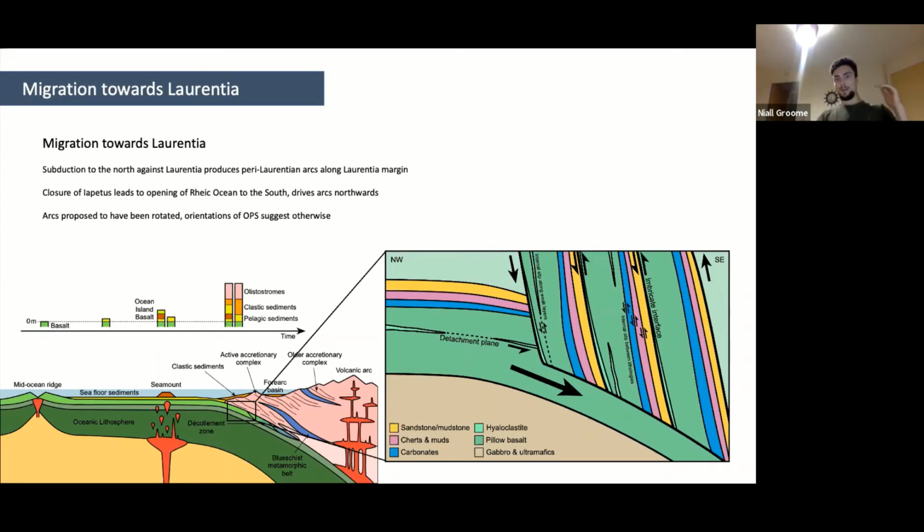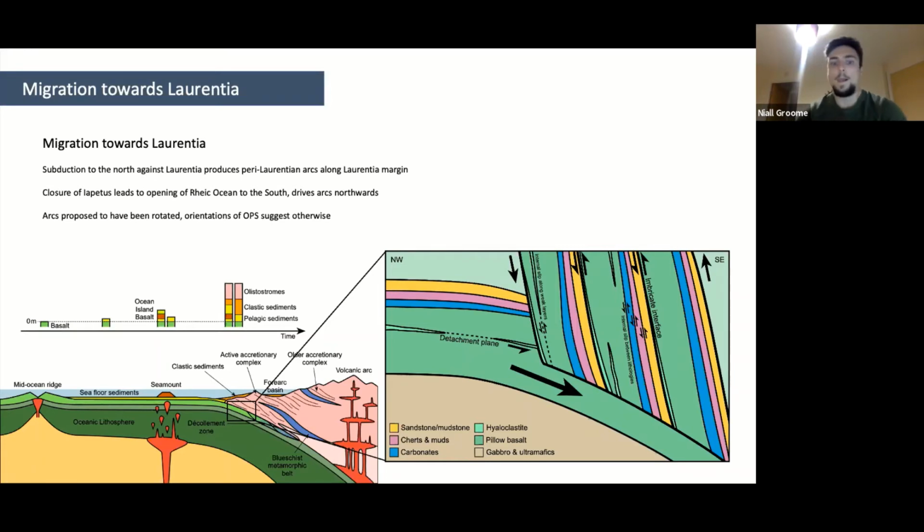And the fact that we have our imbricated sequences pointing towards Avalonia, as they would have been pushed into. So they would have been pushed towards Avalonia, and they would dip towards the continent that they were accreted against. And that's exactly what we see in the case of Avalonia.